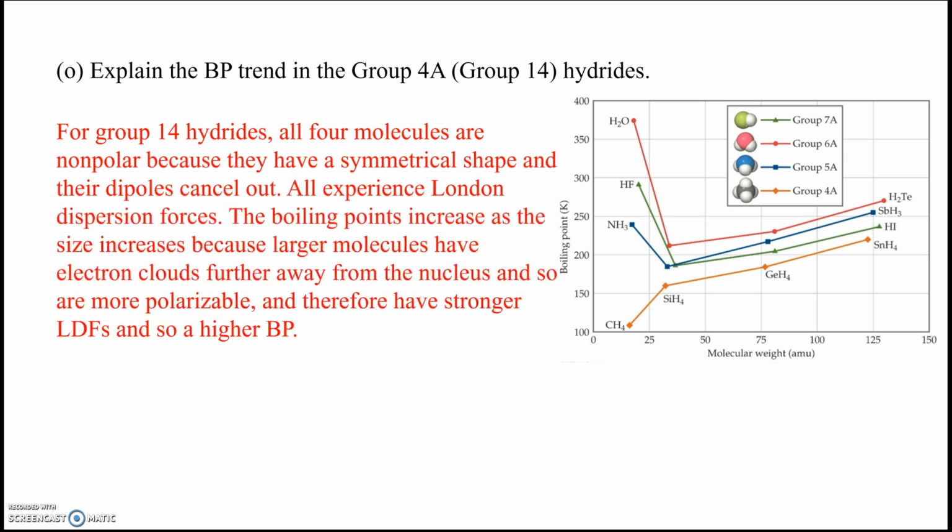Now all four of these molecules are nonpolar because they have a symmetrical shape, and since they're symmetrical, the dipoles cancel out, and all of them experience London dispersion forces, but the boiling points increase because the larger molecules have electron clouds that are further away from the nucleus, and so they are more polarizable. Therefore, they have stronger LDFs, and therefore they have a higher boiling point.